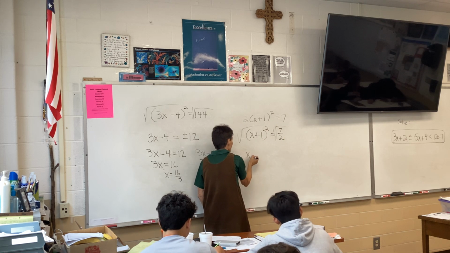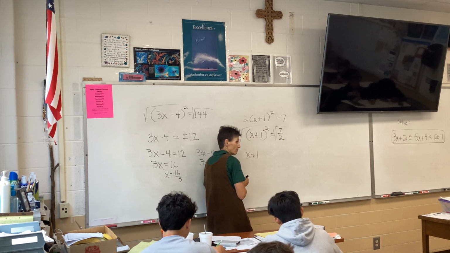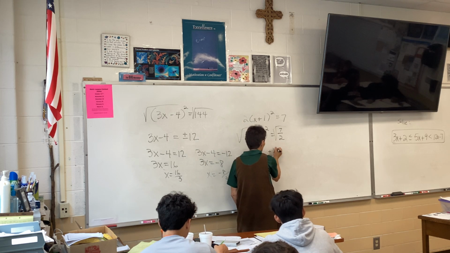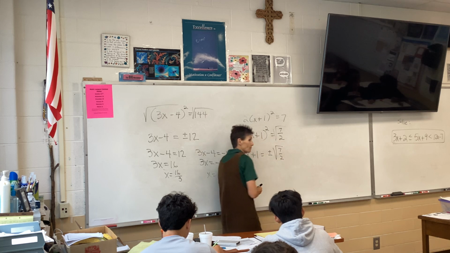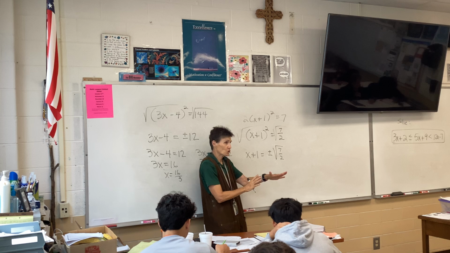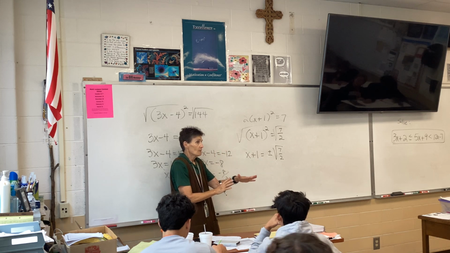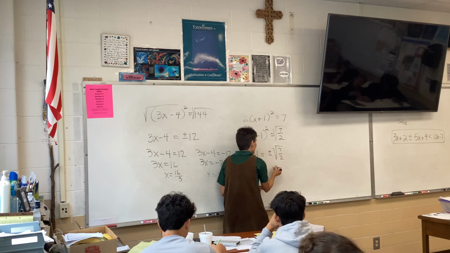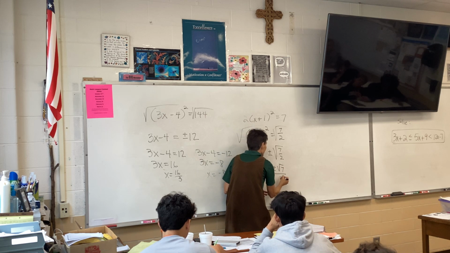So x plus 1 equals plus or minus square root of 7/2. Now we need to pause a moment and think back to last year. This means the same as root 7 over root 2.